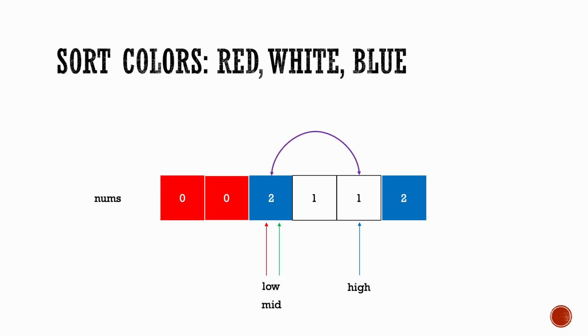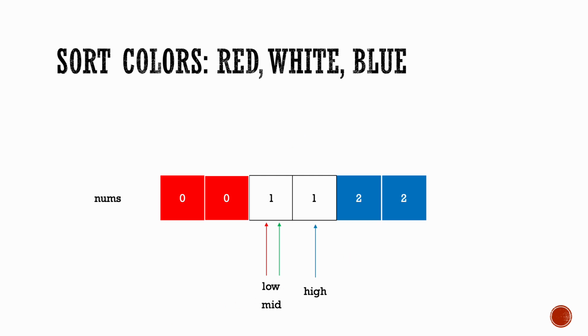In the next iteration, low and mid have been incremented, and now I encounter a 2. Ideally, 2 should go at the end of the array, or rather, to the high index. So we swap the values as we did in the first iteration: we swap nums of mid and nums of high, and then decrement high, but we do not increment mid because we have not yet processed the new number at mid.